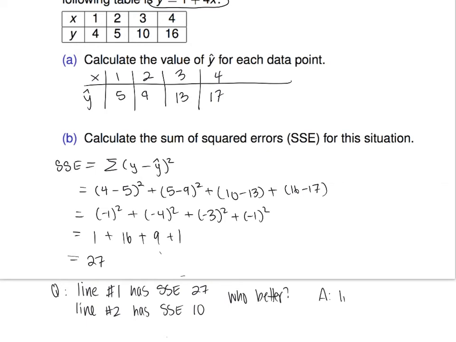The answer is line 2. Smaller SSE means you've made smaller errors, your points are closer. That's the kind of question you have to be able to figure out for the test. Which one's better, or maybe even find the SSE.